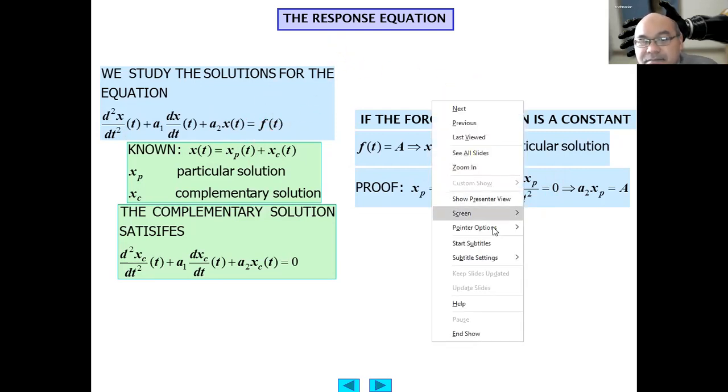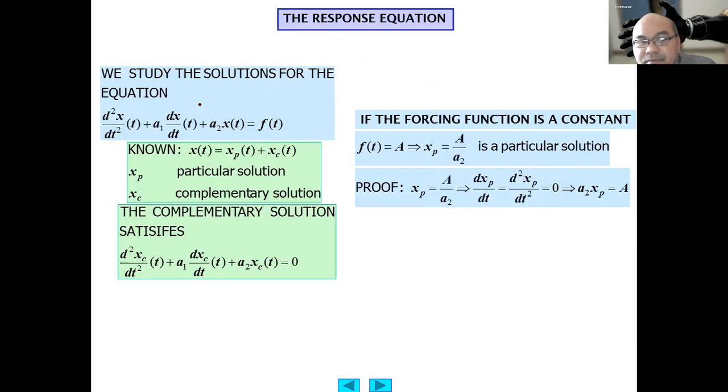Let's use the pen here. So if this is 0, this is also 0. Then a2 xp equals a, the constant. So xp equals a over a2.